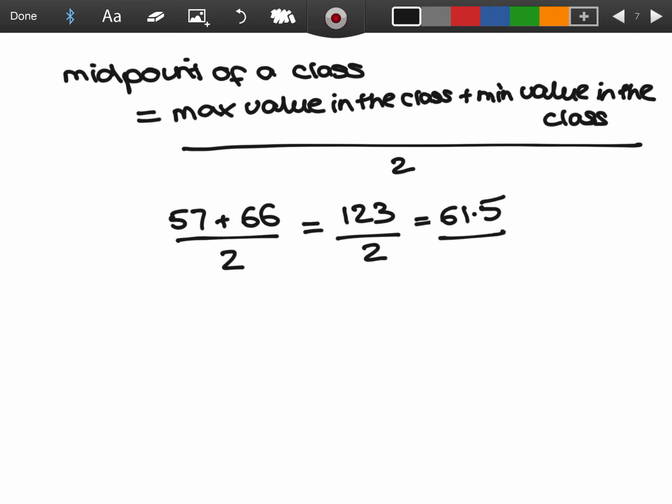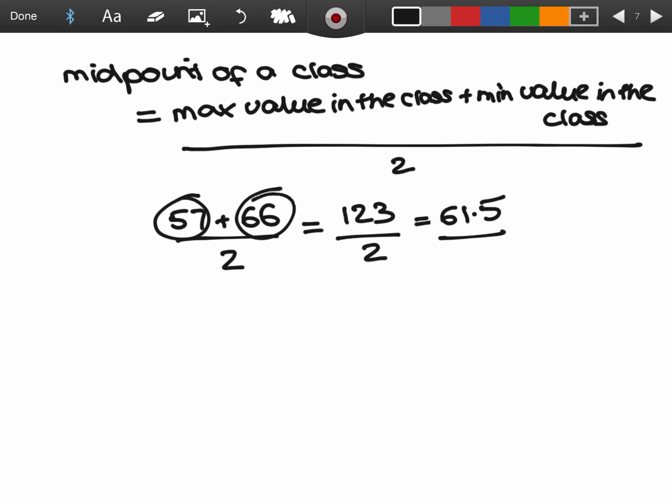This number here lies right in the middle of these 2 numbers. So whenever you need to find a midpoint of a class, just add the 2 endpoints, divide by 2.